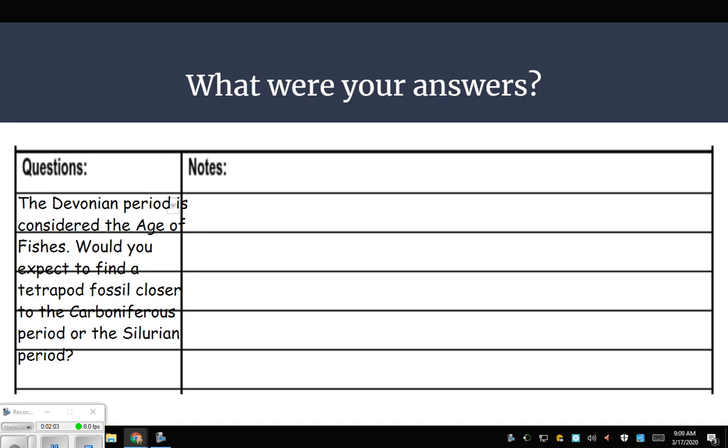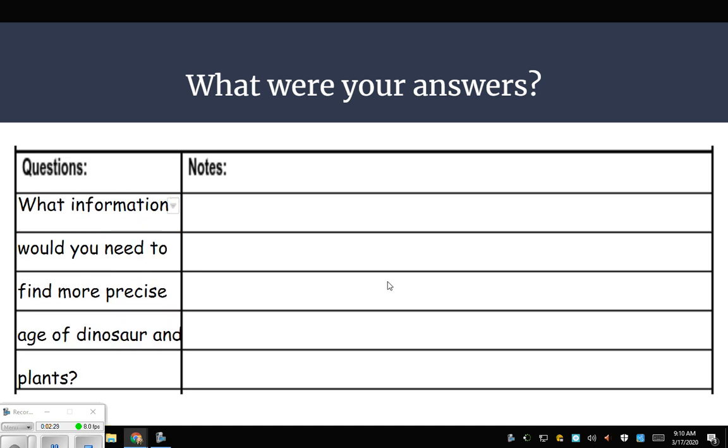It was the Carboniferous period. Tetrapod fossils were found after the Devonian period, and the Silurian came before. So the answer to your question is the Carboniferous period. Okay? Make sure you have the correct answer for that. I will be going over those answers for you too, and you will have a chance to possibly correct those.